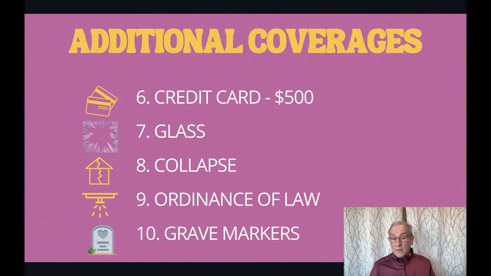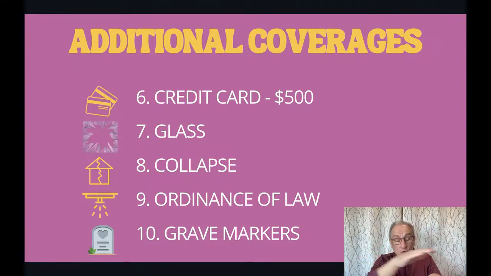collapse. Hold it, Peter. You told me ordinance of law isn't covered. Now it's covered. I'm confused. Let me tell you something. I took this course. I didn't know anything about property and casualty, and I passed the test, and I didn't know why it was covered and not covered. Okay. It's different. Ordinance of law that is covered is when you get the house destroyed and you must rebuild it.